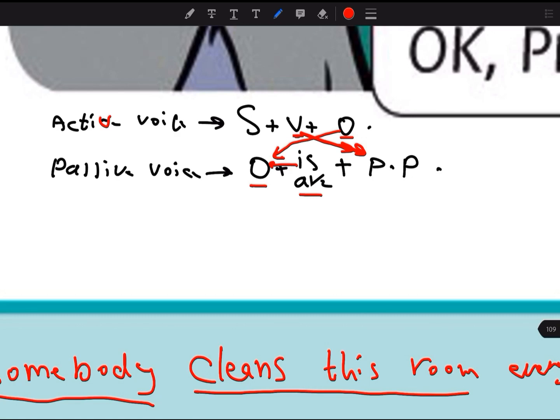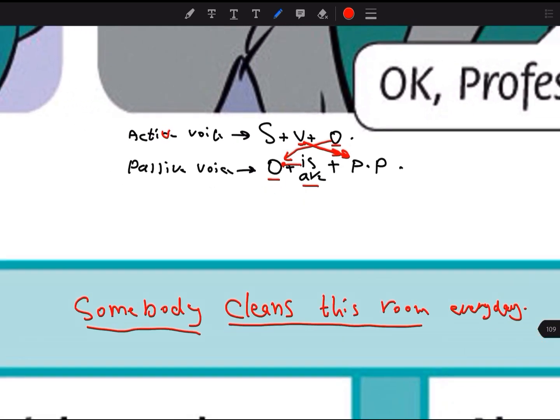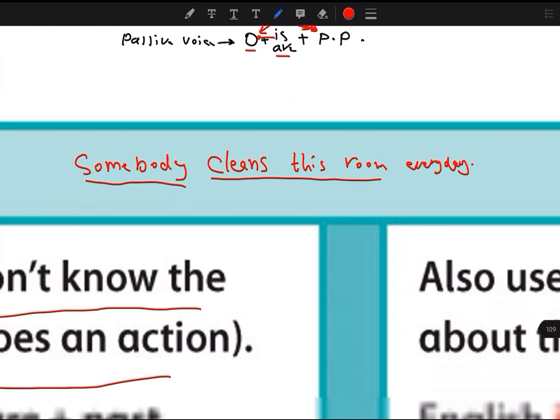Look at here. Let's change this sentence to passive voice. As we said, this is the subject of the sentence, this is the verb, and this one is the object of the sentence. Here in this active sentence, we know the subject. So what can we say if we change the sentence to passive voice?